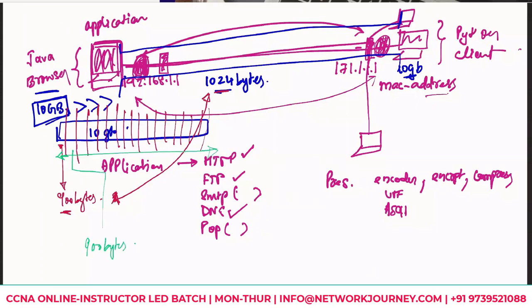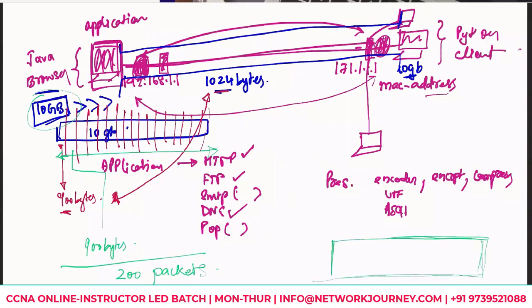So you need at least, let's say, 200 packets to be transmitted to push this 10 GB file. And each such small packet will have the headers. So basically your packets look like this with headers. Okay, you will have the data.